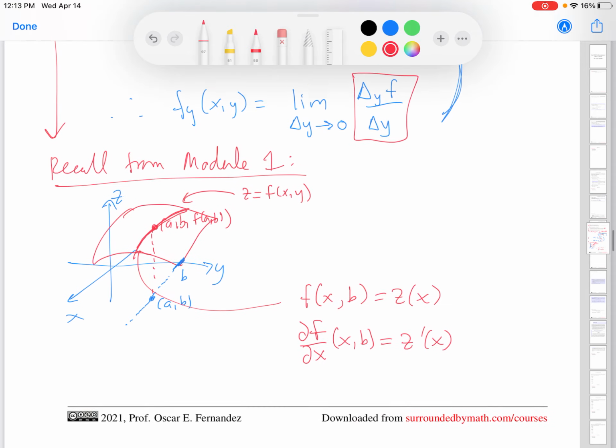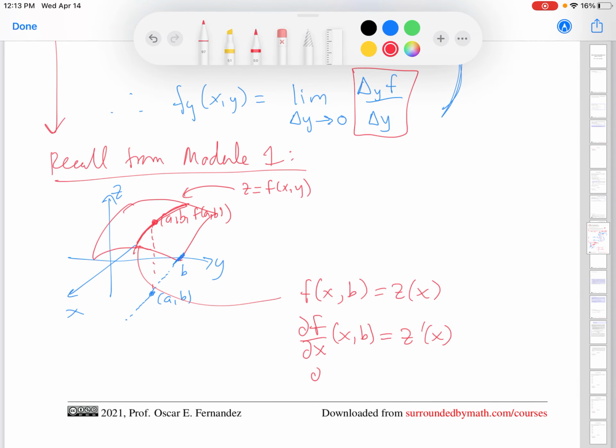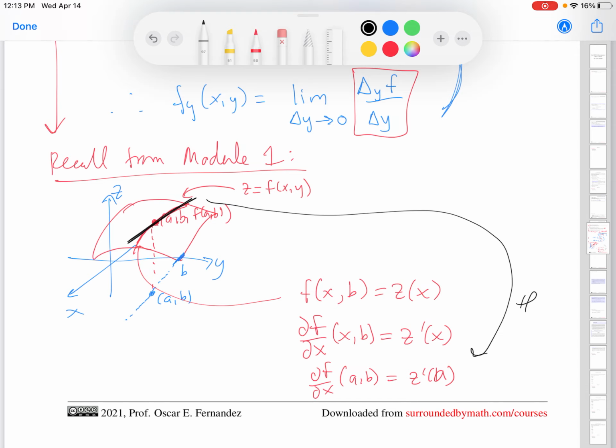The final takeaway from this was that the partial derivative with respect to x at the point (a, b) is like z prime of a. Meaning that if I go back to the point (a, b, f of (a, b)) on the surface, and draw the tangent line there, then the slope of that line is the partial derivative fx of (a, b).